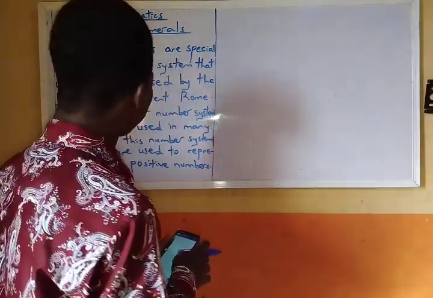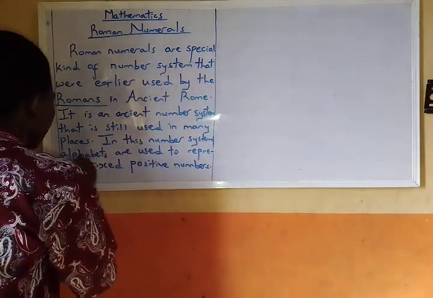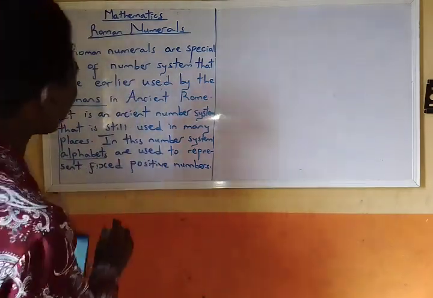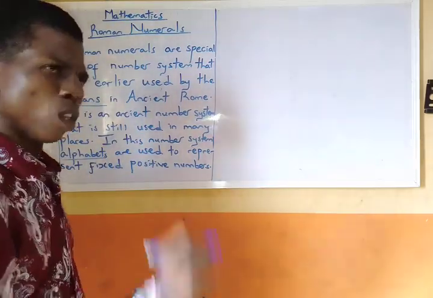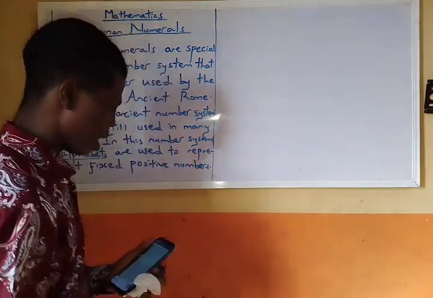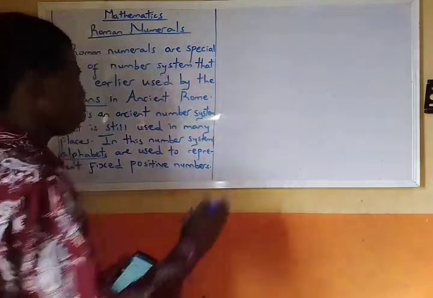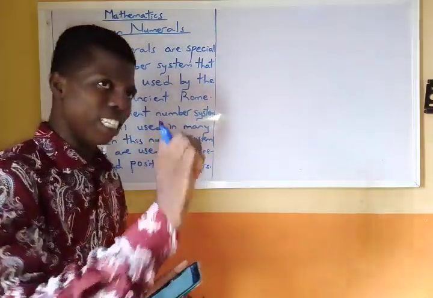Now don't forget that in this number system, alphabets are used to represent fixed positive numbers, not negative, not zero, but fixed positive numbers. You remember that we have 26 English alphabets.